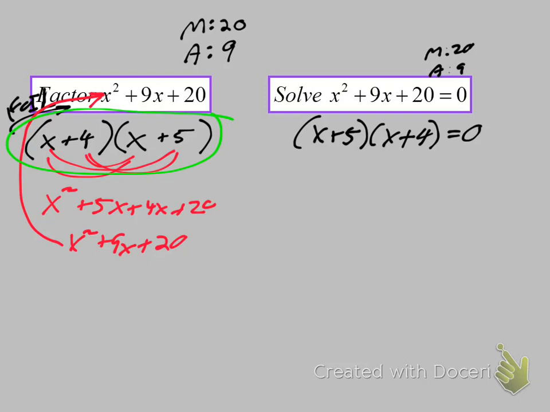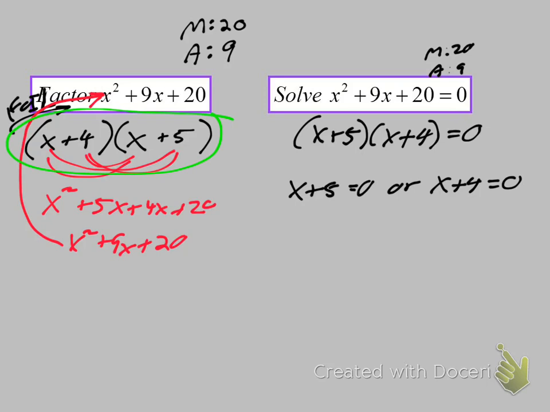Okay, and remember what the zero product property says. If A times B equals 0, either A is 0 or B is 0. In this case, x plus 5 is acting like A, x plus 4 is acting like B, and they equal 0. Which means you can take x plus 5 equals 0, or x plus 4 is equal to 0.